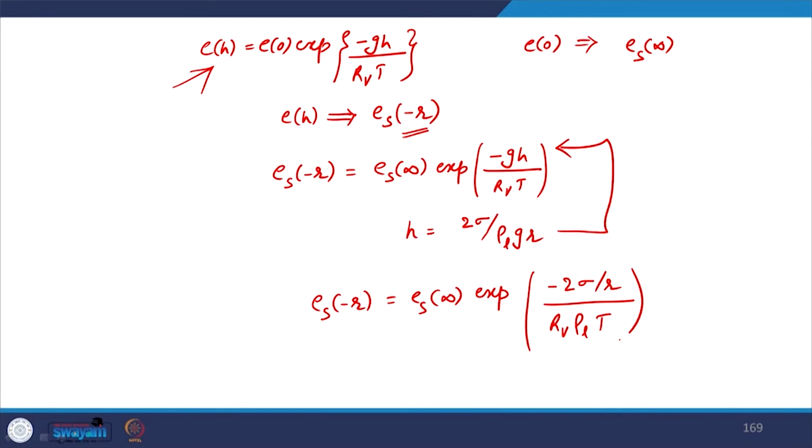So, the exponent is the ratio of the Laplace pressure to the pressure the vapor would have, let us say, if it had the density of liquid. Okay. So, if the radius of curvature is positive, we just have to have a plus in this expression, and we can write a generalized expression for the saturation vapor pressure with respect to a plane surface of water.